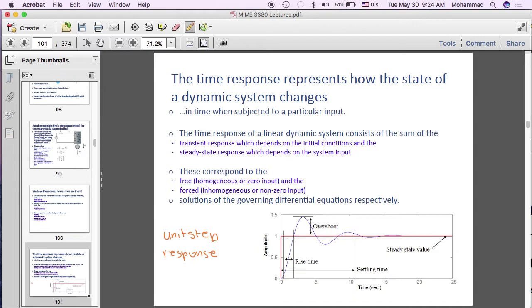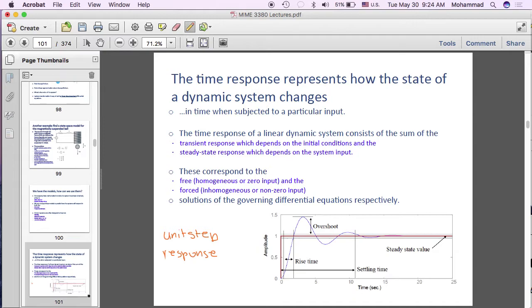It doesn't have to be 1, but in this case the steady state response is equal to the input, which tells you that the DC gain of this system is equal to 1.